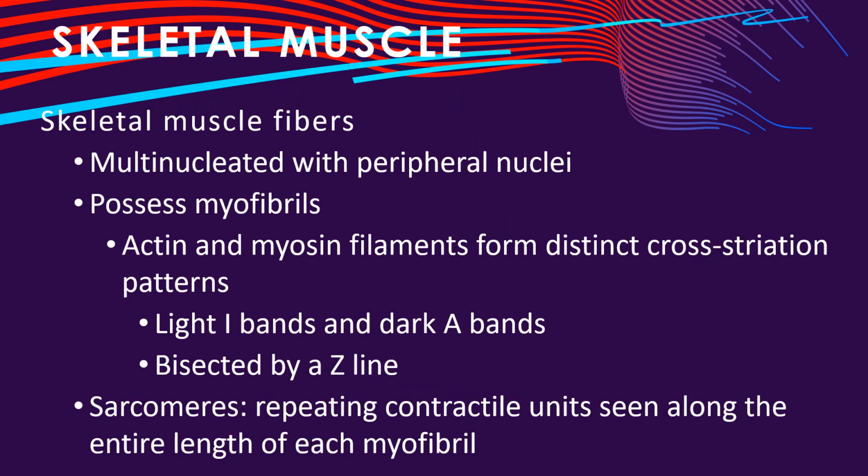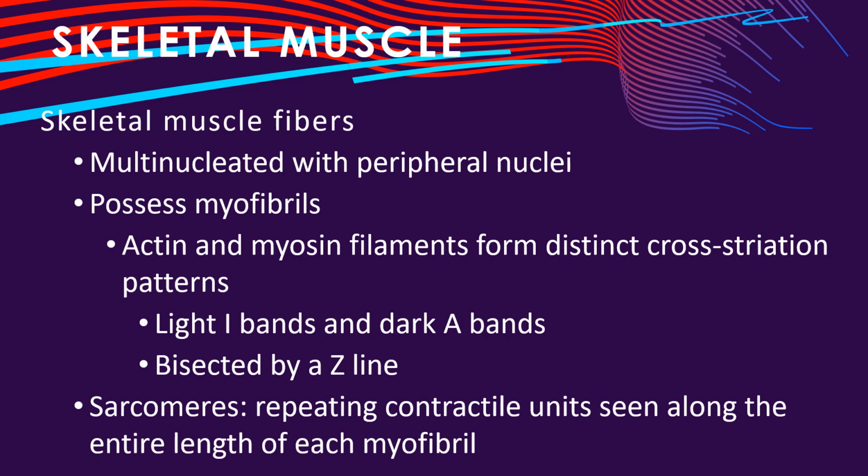Let's take a look at your muscle tissues, your skeletal muscles. Your skeletal muscle fibers are multinucleated with peripheral nuclei. When you say peripheral, they are located at the periphery of the cell, not at the center. They possess myofibrils, which are needed for the contraction. You have your actin and myosin filaments that form distinct cross striation patterns.